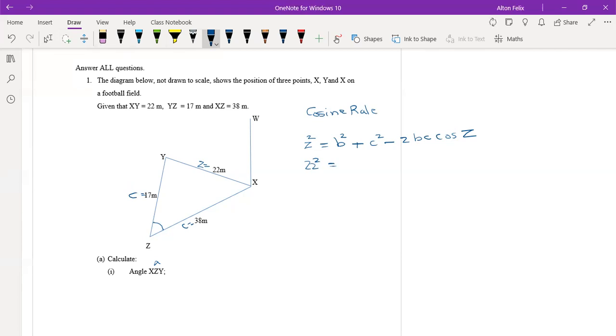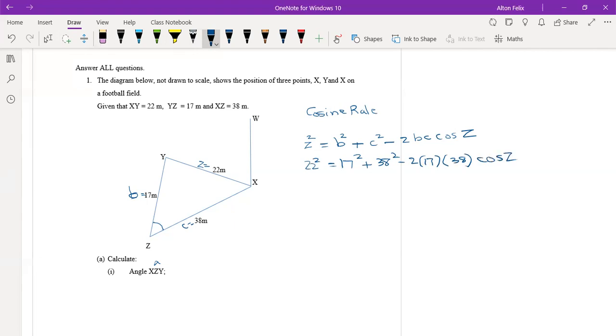So that would be, let's call this one here B. That's 17 square plus 38 square minus 2 by 17 by 38. And of course, we'll figure out what is cosine Z in a bit.